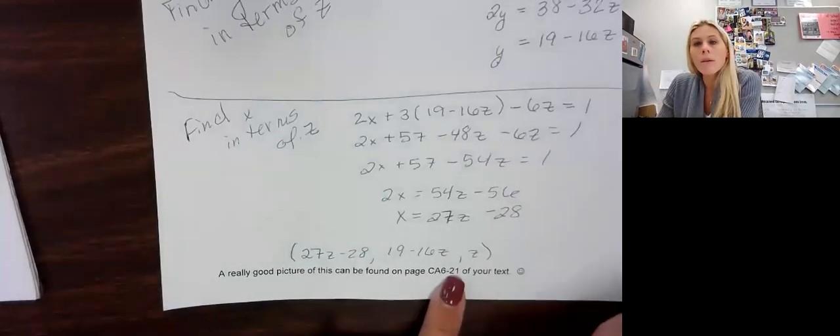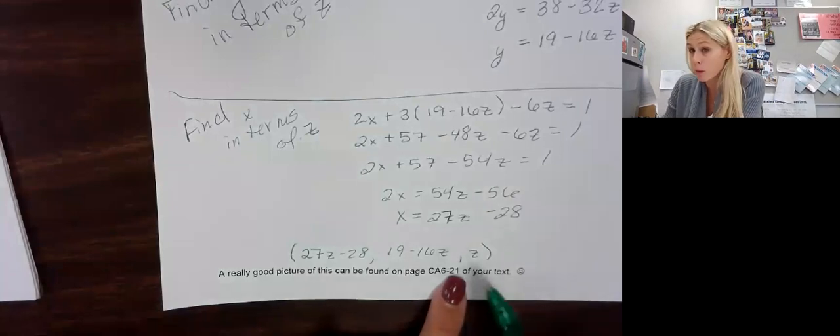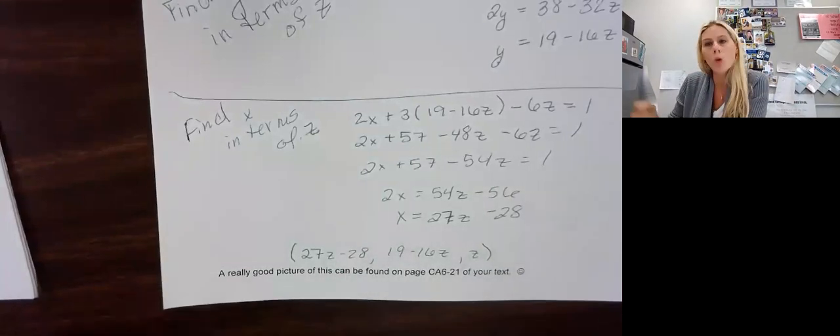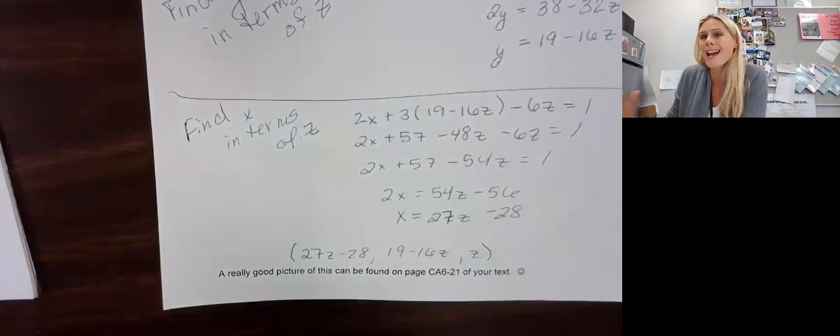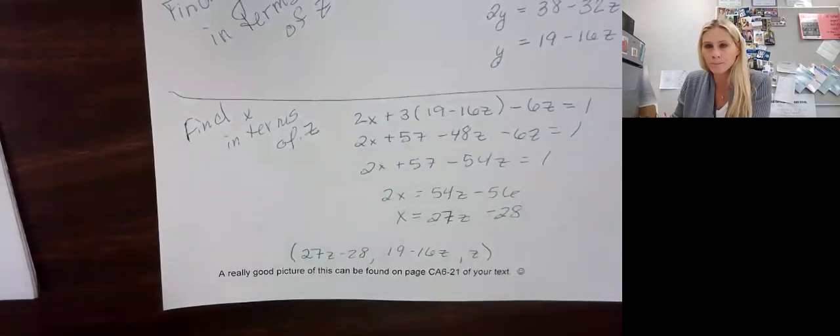So now, because there's infinitely many solutions, it all depends on what z is, I could plug in 3 for z, and then we would have an x, y, z coordinate. I could plug in -5 for z and have an x, y, z coordinate.